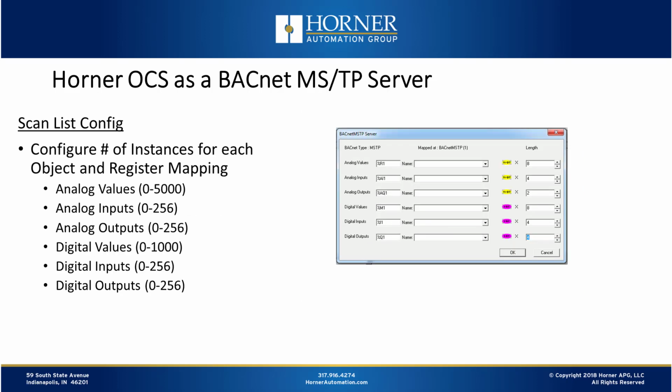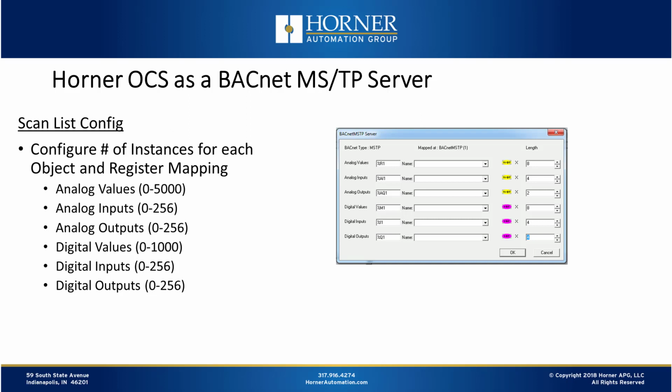Finally, the final step is to configure which objects and how many of them we want to allocate for our device, which is going to be sitting on BACnet. And this process is the same whether you're talking about BACnet MSTP or, in a few minutes, BACnet over Ethernet or BACnet IP.